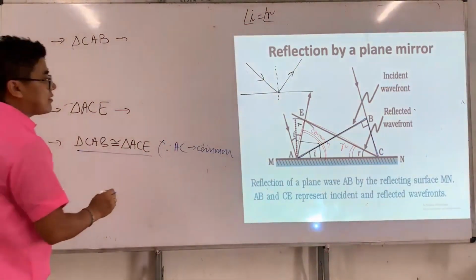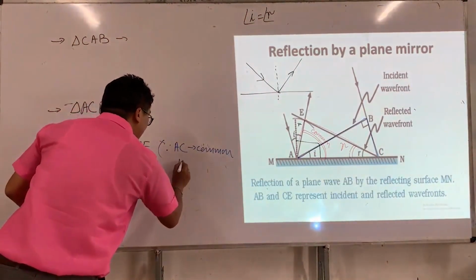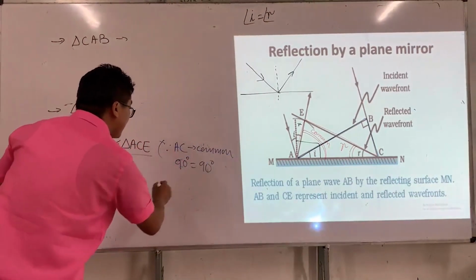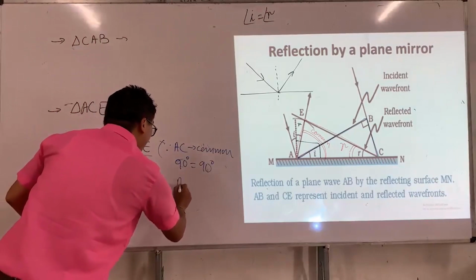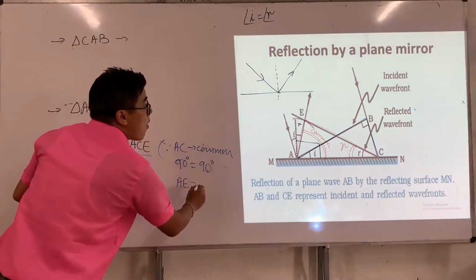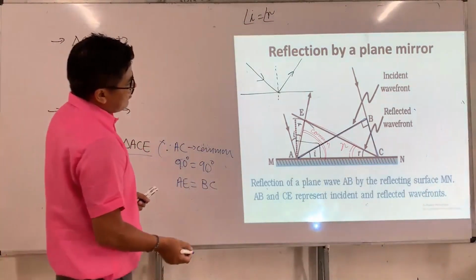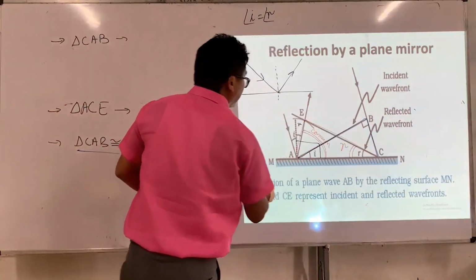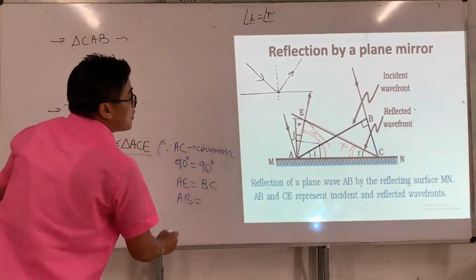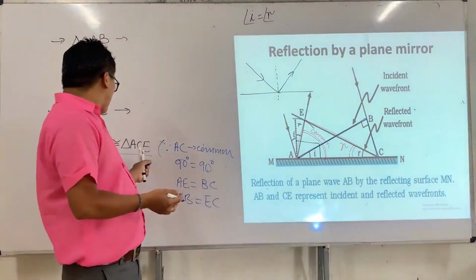Why is it a congruent triangle? The 90 degree angle is equal to the 90 degree angle, and again AE is equal to BC, and this distance must be equal too, which implies that AB must be equal to EC. Which implies that these two are congruent triangles.